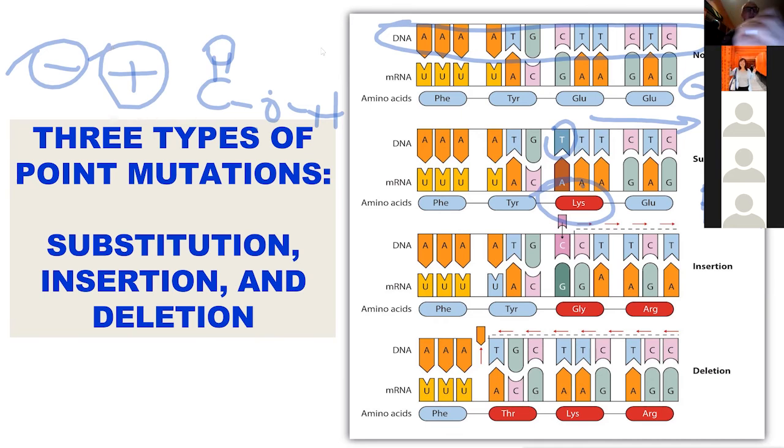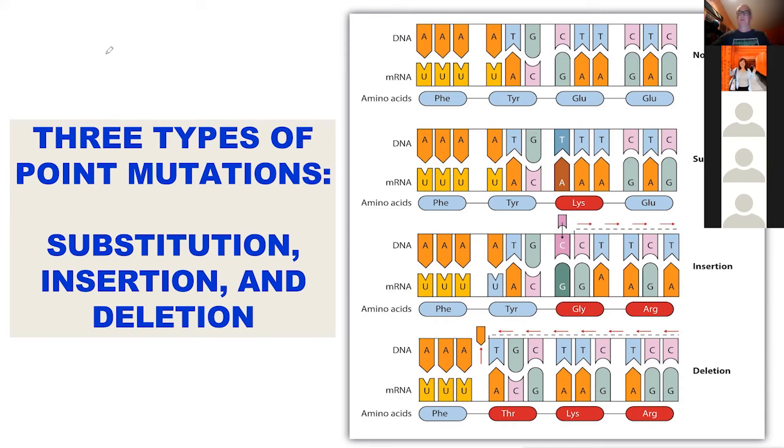But let's look and see if we had an insertion instead. So instead of just switching this C to a T, let's just add another C. So if we add another one, now we've got CCT. And not only have we changed that one amino acid, we have changed every amino acid downstream from there.